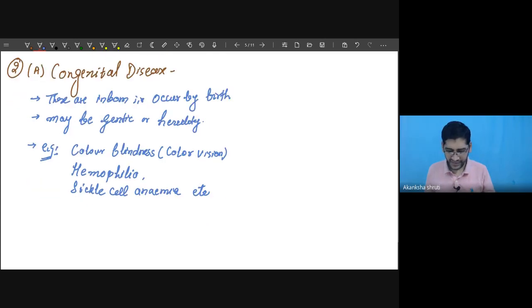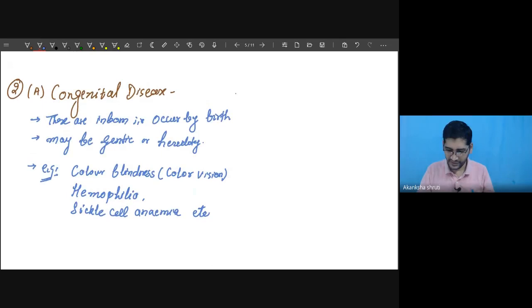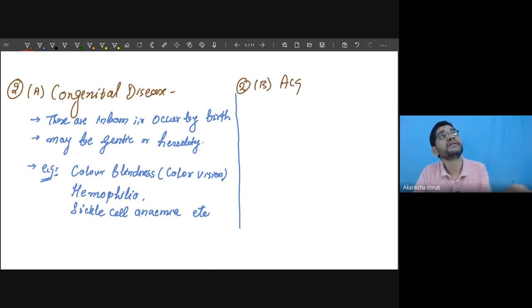Now let us come to acquired disease. Students, in parallel I am writing acquired disease. So what will be the definition of acquired disease?